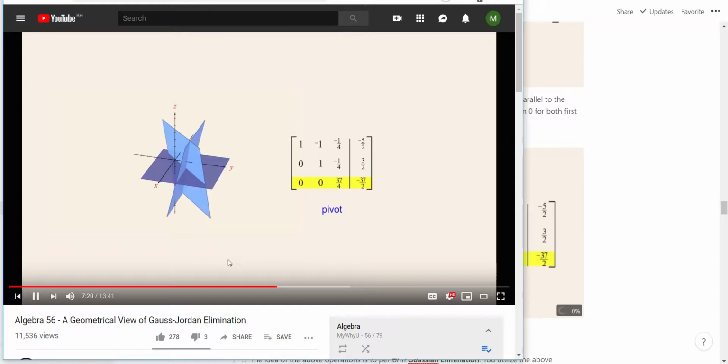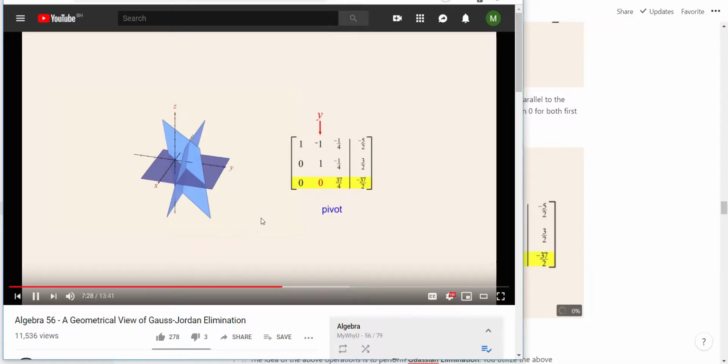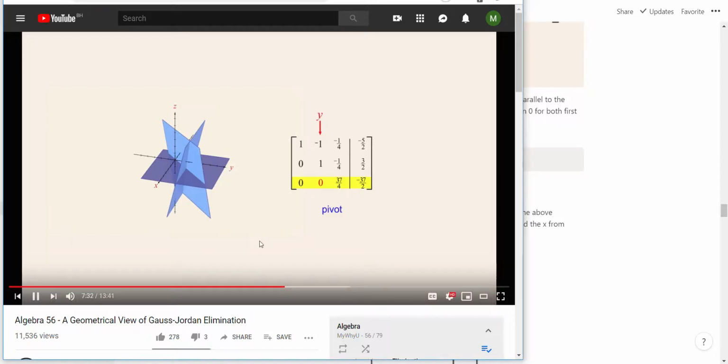And since the y coefficient in row 3 has changed to 0, plane 3 has become parallel to the y-axis. Since plane 3 is now parallel to the y-axis as well as the x-axis, it is perpendicular to the z-axis and horizontal.